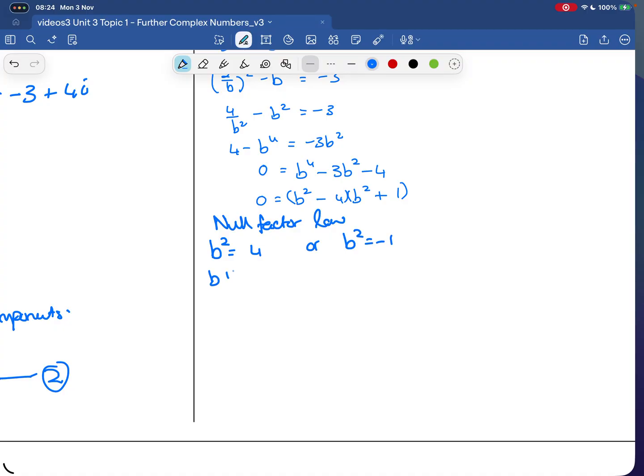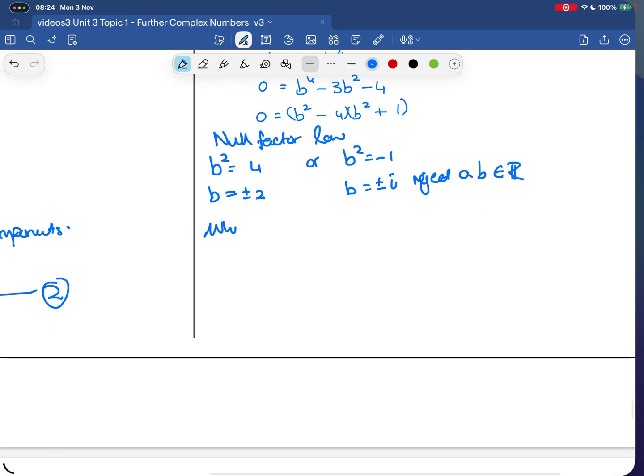In this case, b will be plus or minus 2. And here b is going to have to be plus or minus I. And again, we said that a and b are both real numbers, so we're going to reject as b is a real number.